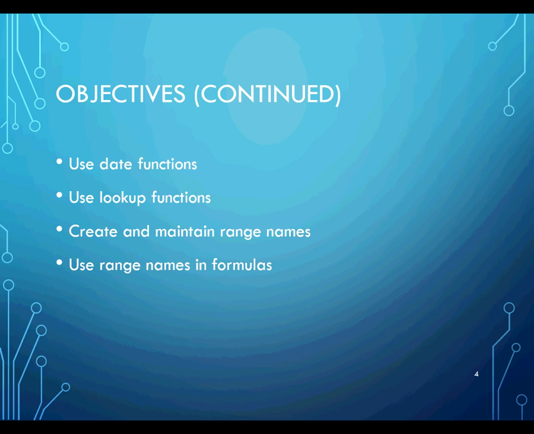So at this point in today's example, we're going to learn how to use date functions. We're going to use a very simple date function, but we'll have a video for more advanced functions. We will also take a taste of the lookup functions of Excel, which are what I call mechanical eyes.